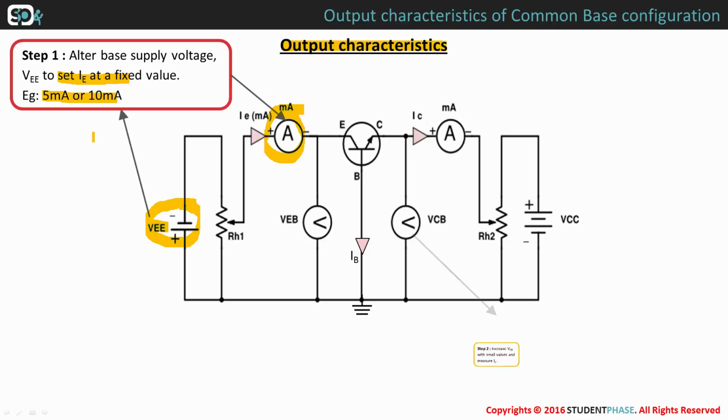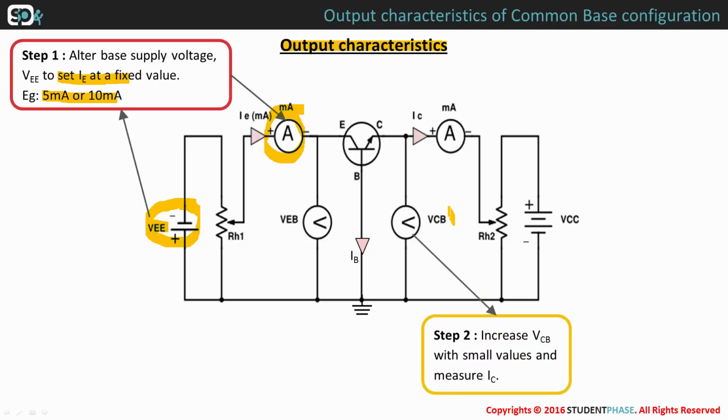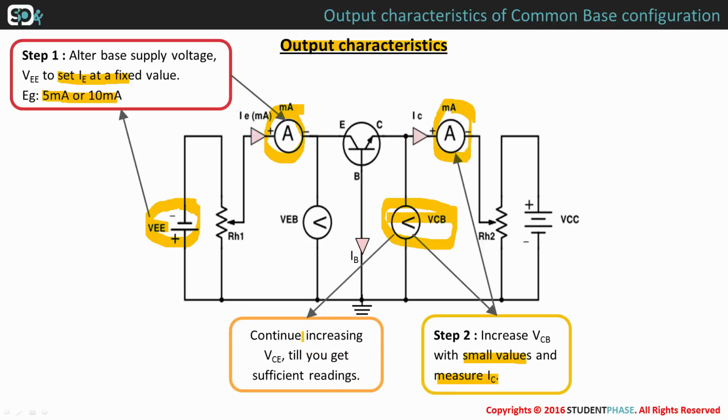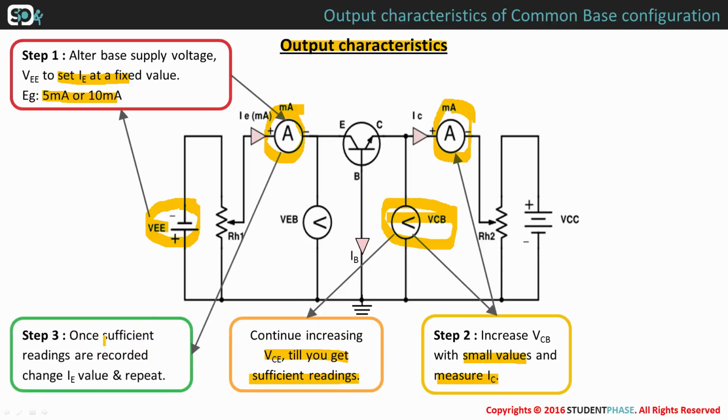Now, increase collector base voltage VCB in small values, say 2 volts, and record the measure of collector current IC. Continue increasing VCB till you get sufficient readings. Once you get sufficient readings, change the value of emitter current IE, and repeat steps 1 and 2.